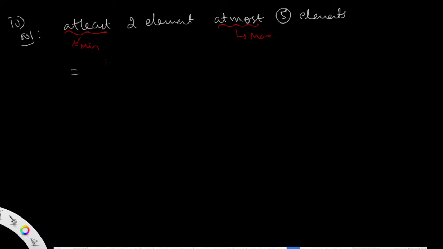Then we get 8C2 as the minimum, then 8C3, 8C4 and 8C5.